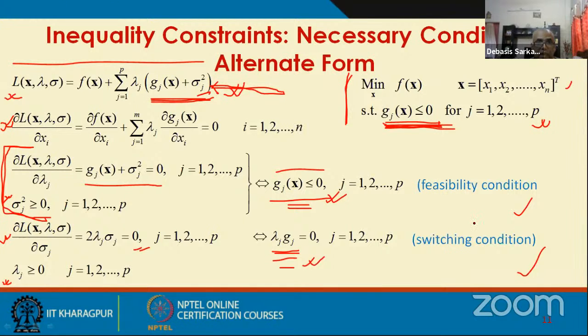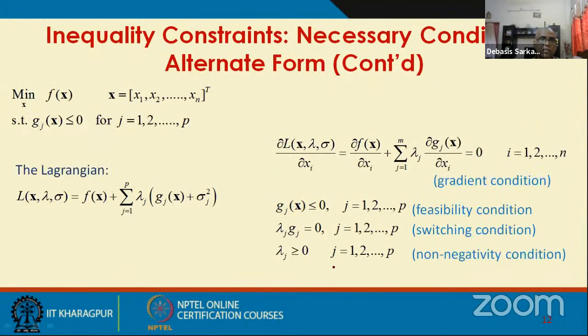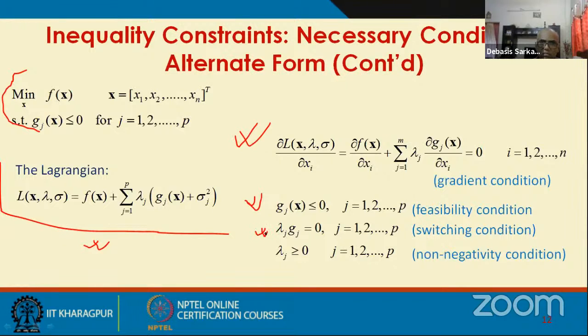Let us once again summarize this alternate form. So we have this optimization problem and the corresponding Lagrangian, and then you have this gradient condition, the feasibility condition, the switching condition, and the non-negativity restriction on the Lagrange multipliers.